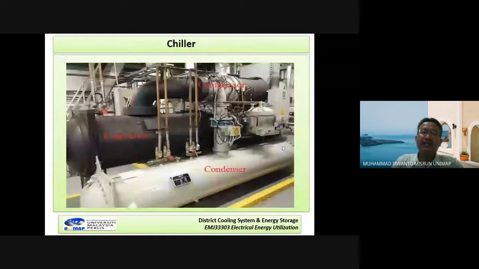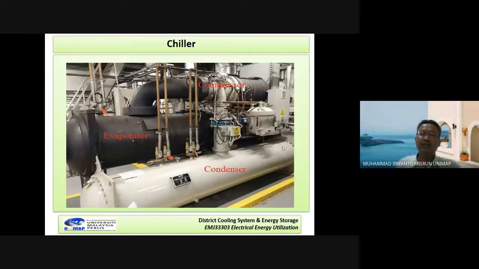and then look at the physics of the chiller. If we enter the building, we can obtain the main components, like this condenser. If we cut this small tube here, inside of this condenser, same as this evaporator. This one is the evaporator, meaning the chilled water is generated here by this evaporator.